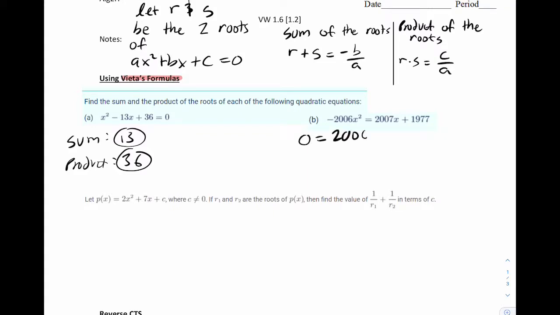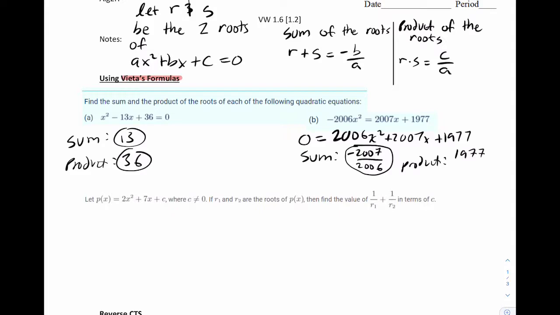So let's write 0 equals 2006x squared plus 2007x plus 1977. The sum, that's opposite b over a, so negative 2007 over 2006. And the product, that's c over a, so 1977 over 2006.